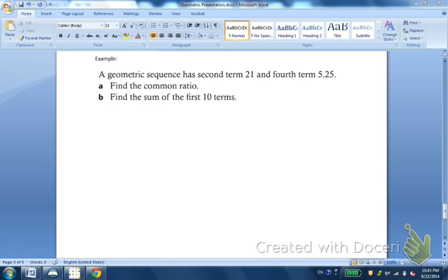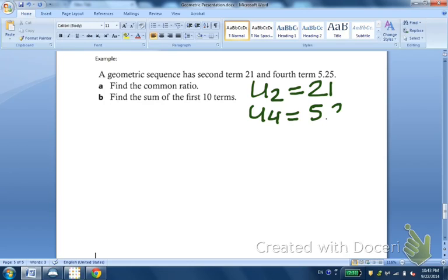Okay, here's an example on a geometric sequence and series. What's given here is a geometric sequence that has a second term of 21, so we could write that down. u of 2 is 21, and the fourth term, u of 4, is 5.25.